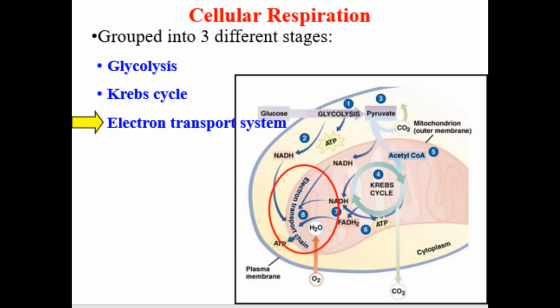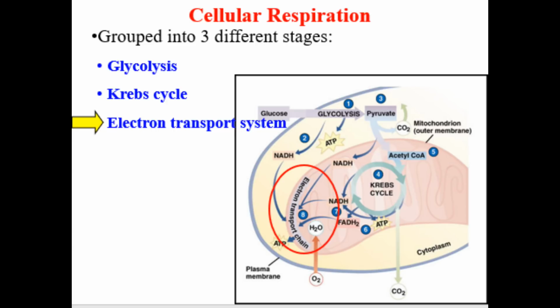I want to remind you, first we talked about glycolysis, which takes place in the cytoplasm of the cell, with the end product of pyruvate, which is modified to acetyl-CoA, which goes into the Krebs cycle. And after glycolysis and after the Krebs cycle, all the carbon and oxygen that's come in as carbon dioxide, carbon, hydrogen, and oxygen in a carbohydrate like glucose, the carbon and the oxygen are gone.